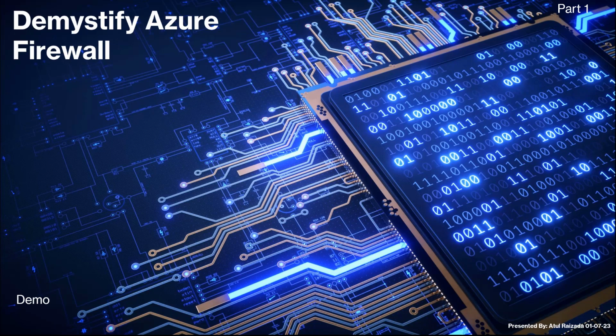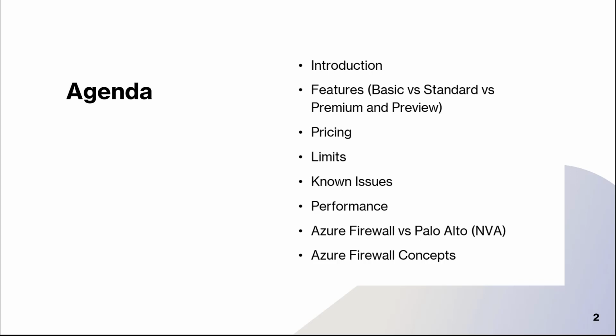With that, let's look at the agenda for this presentation. At a very high level, we'll have an introduction to what Azure Firewalls are. We'll talk about features, which are basic versus standard versus premium and preview, and look into pricing and some of the limitations of Azure Firewall.